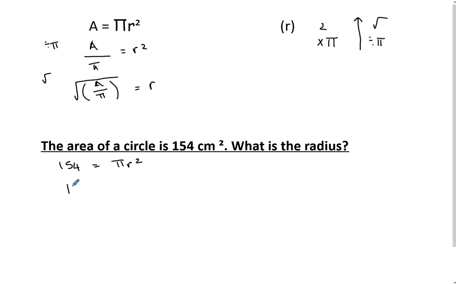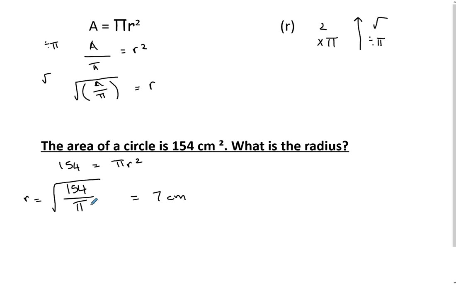So you're going to do 154 divided by pi, and after every step I always do equals, and then you're going to square root your answer, and out comes your radius, which is 7 centimeters. Once you've got these steps written, which takes literally 10 seconds to do, you and your calculator can solve it straight away.